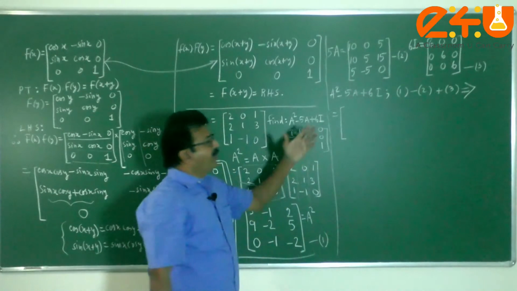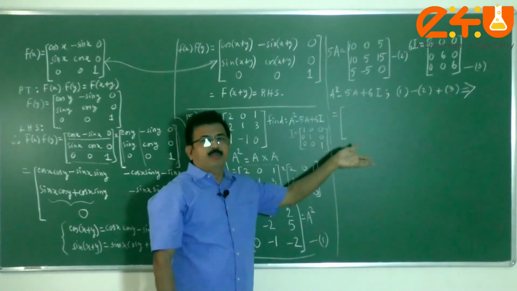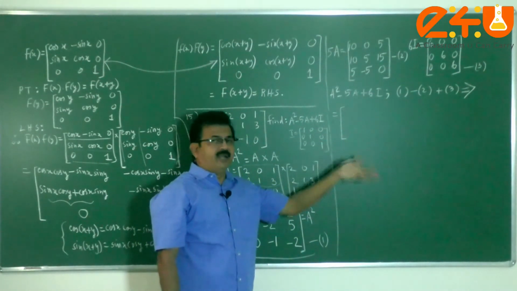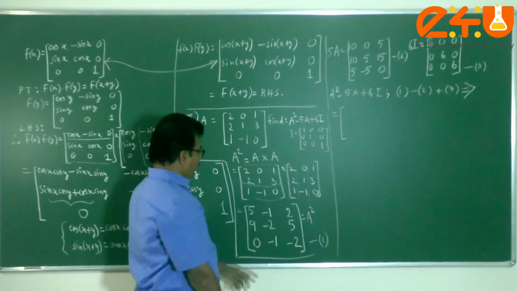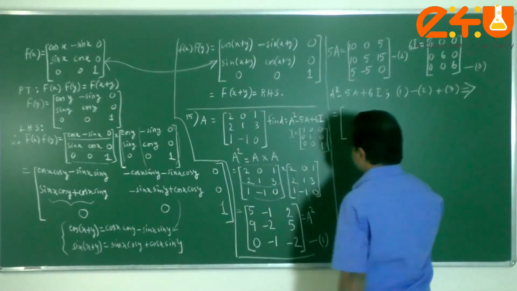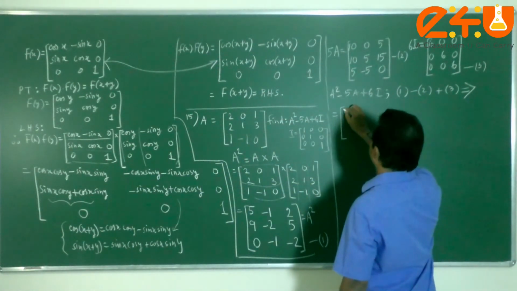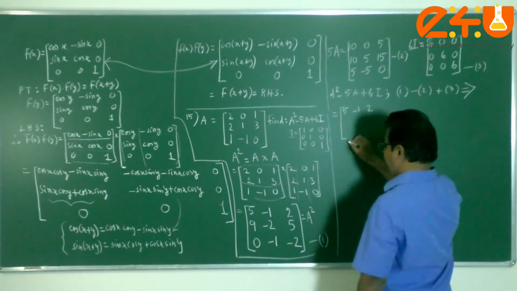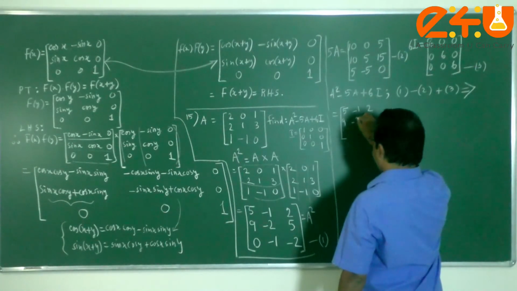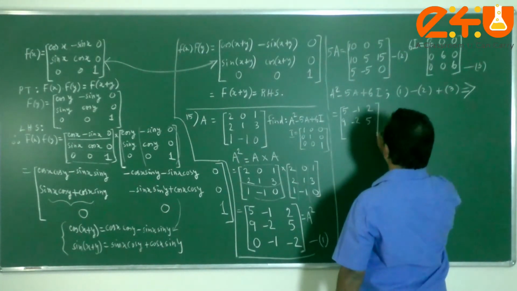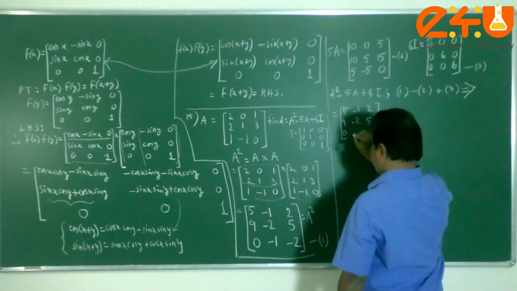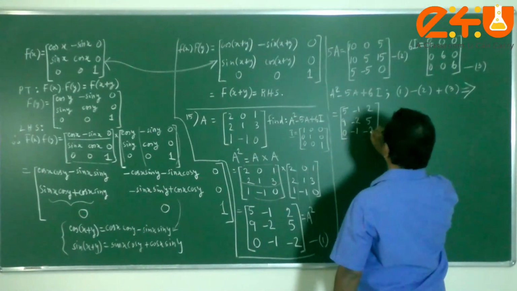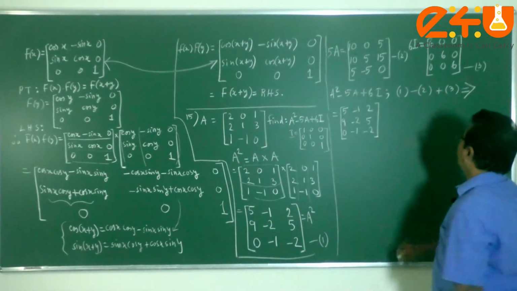I am only going to replace the equation numbers with relevant matrices. So A squared matrix, from your view, it is 5, minus 1 and 2 in row 1, 9, minus 2 and 5 in second row, 0, negative 1, negative 2 in third row.